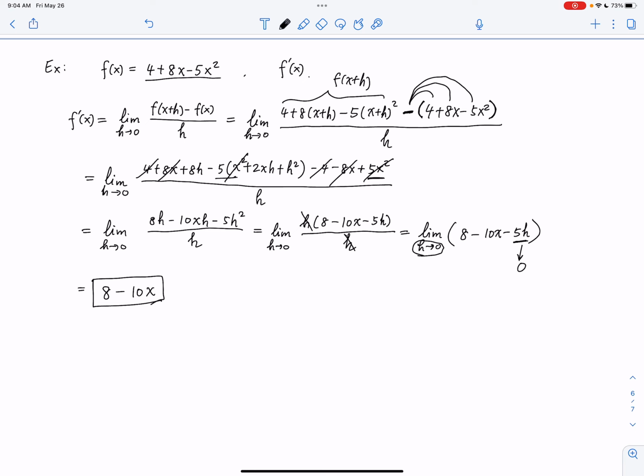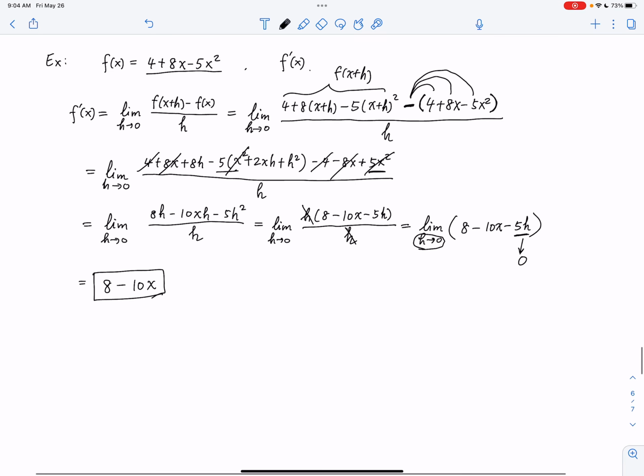Now, let's try another derivative. Let's try the second order derivative, f double prime of x. F double prime of x means after you get the derivative, you take another derivative. Remember we have the notation: this is f prime of x.